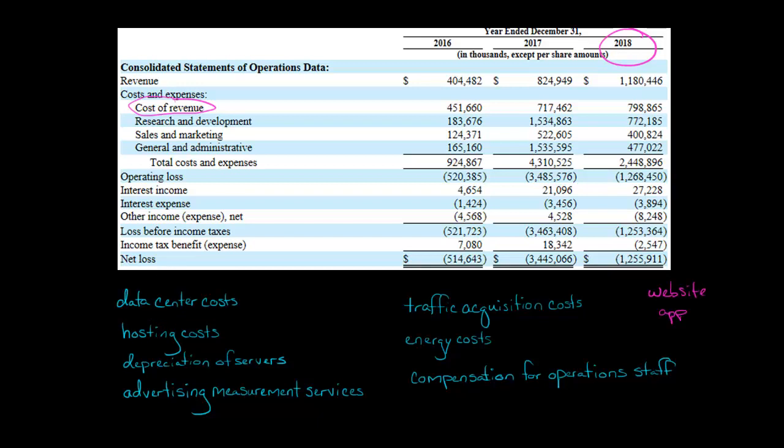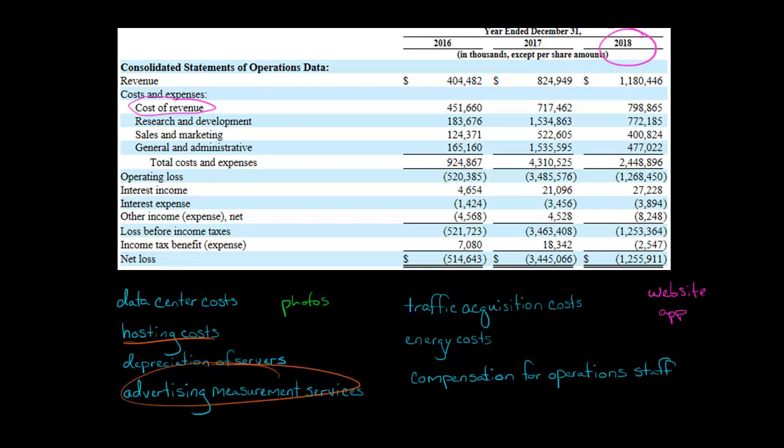Think of all the photos and everything that they need to be able to store on servers. All those costs, any depreciation related to the servers, any web hosting costs, anything related to data infrastructure.